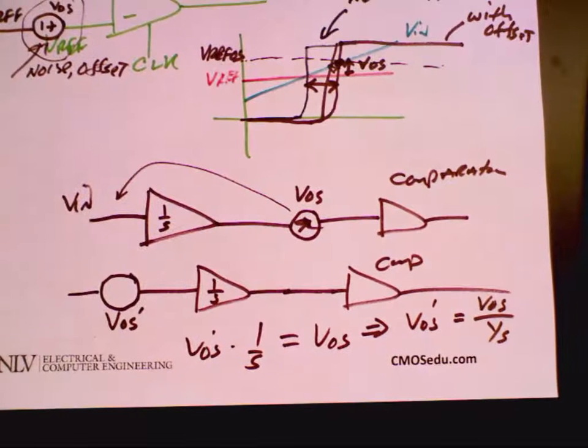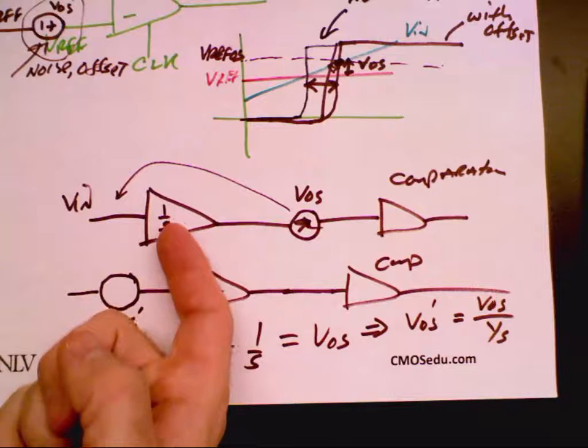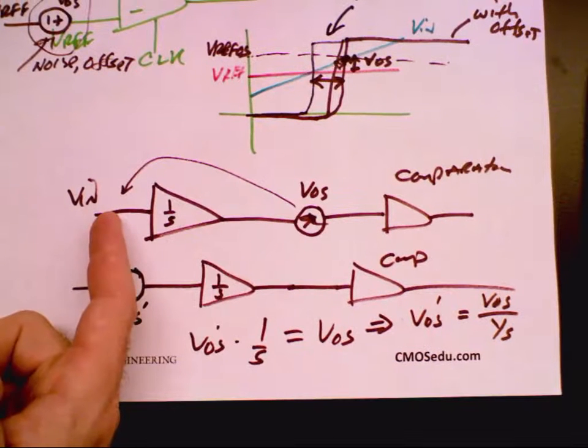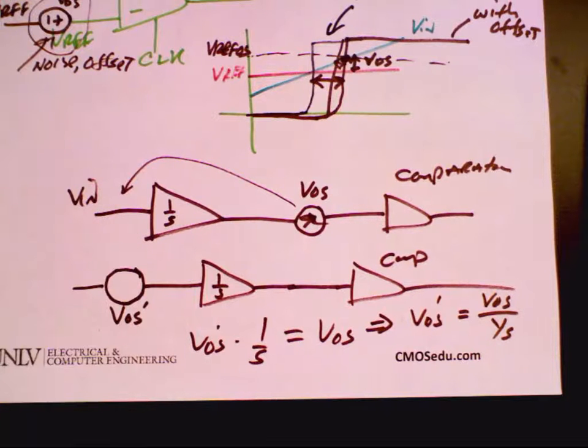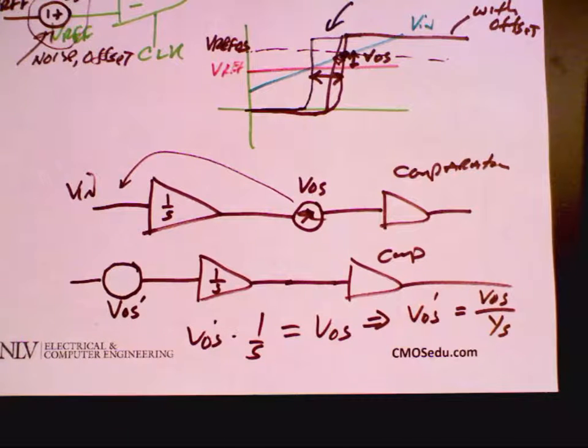If I have offset, it's pretty much irrelevant. So if I had 50 millivolts offset and I had a gain of 1,000 here, then I've got 50 microvolts input referred offset over here. And you're saying, well, of course, that's nothing more than you repeating yourself, because you already told us if we make a mistake with the comparator, it averages out. Okay, there's nothing new there. But here we're showing mathematically why that's the case.